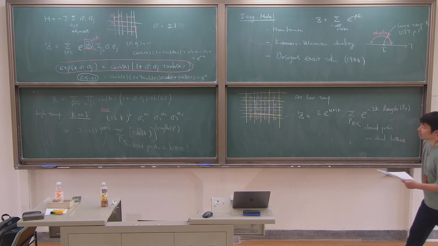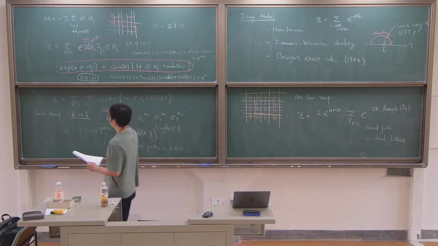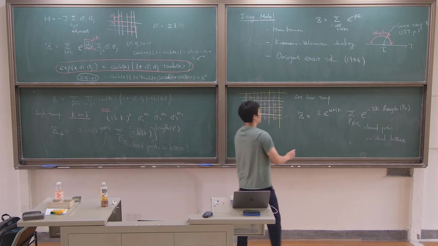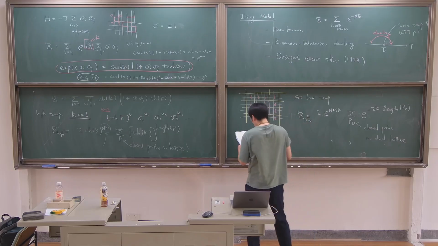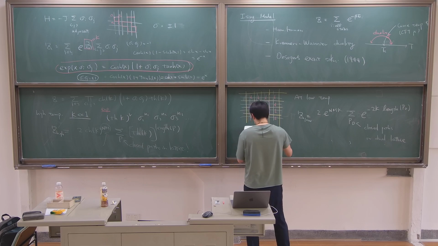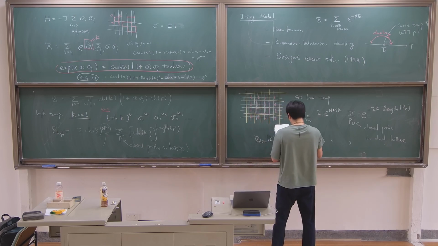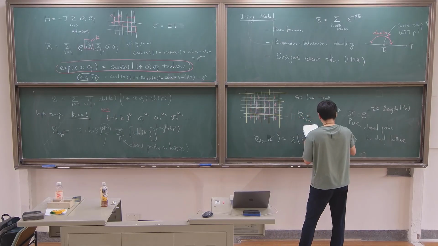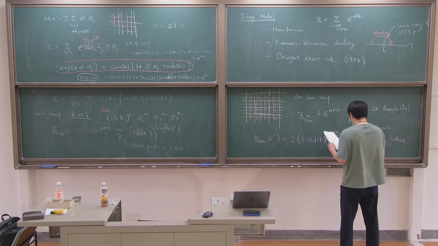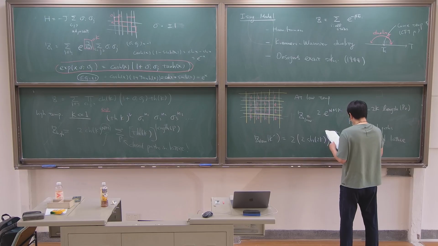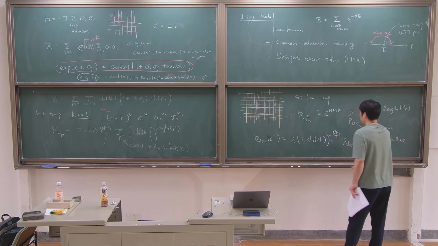I call this one Z high, the high temperature, and this one Z low. You will notice that Z low of K prime is equal to 2 times (2 sinh 2K) to the minus n times n over 2, times Z high of K. The normalization is not important actually.